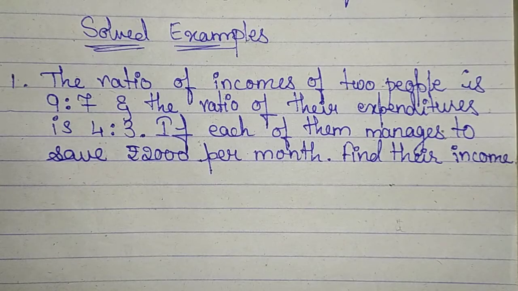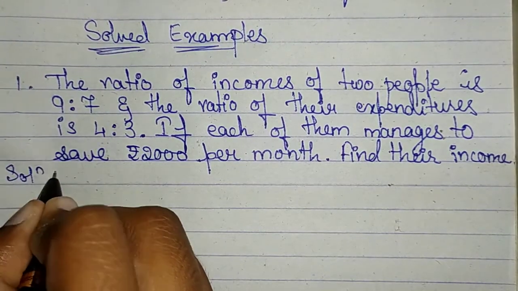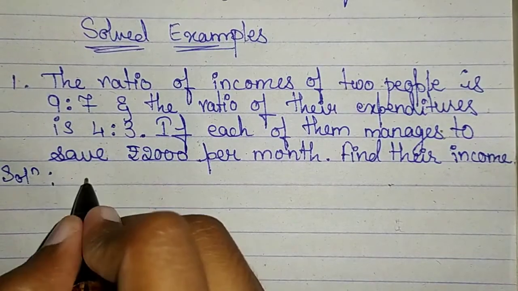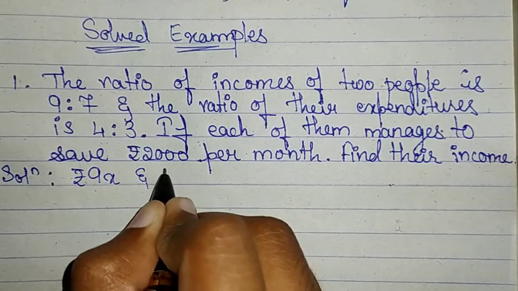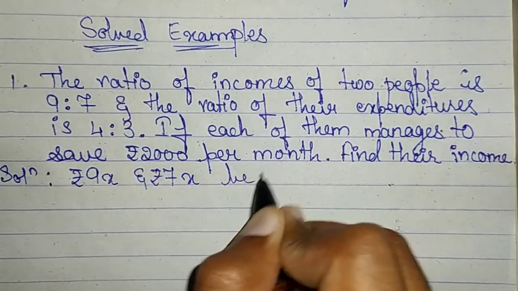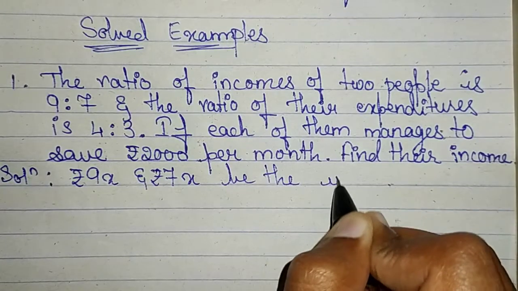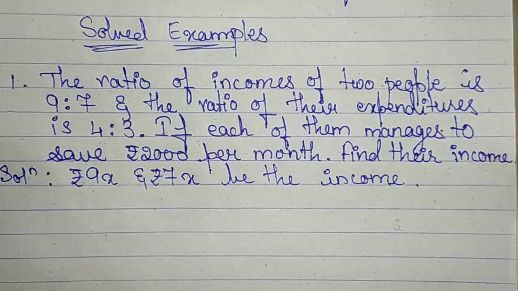Solution: two people have an income of 9x rupees and 7x rupees, because they have been given in the ratio, so 9:7 can be represented as 9x and 7x.